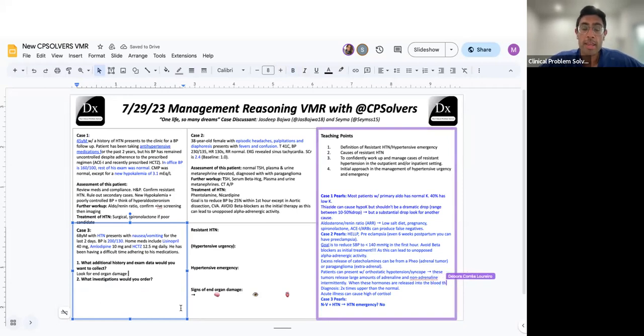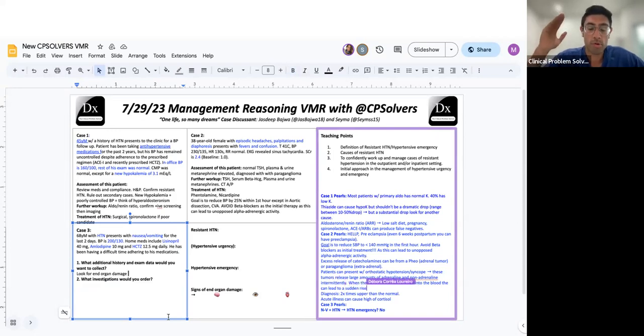Therefore, starting him on IV antihypertensives or sending him to the hospital to lower his blood pressure dramatically would actually cause more harm than good, because his whole body, his whole autonomic nervous system, has adapted to this high blood pressure. So what you would do in this situation is monitor the patient.